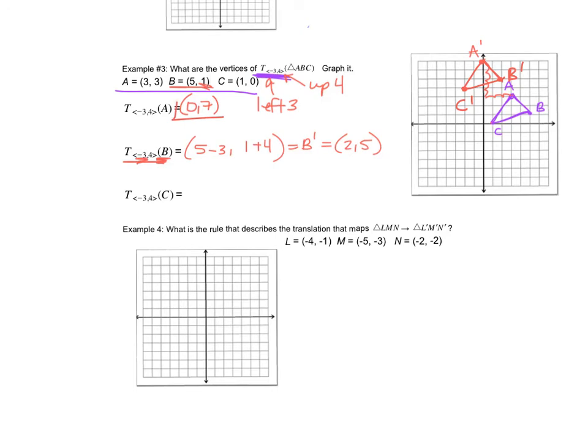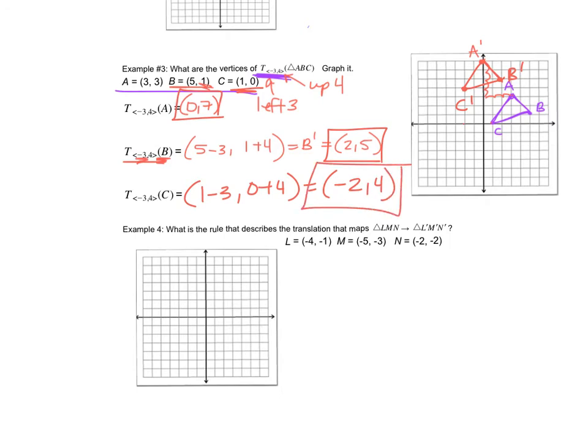So we ended up at 0, 7, 2, 5, and then for point C, again, you can just name that point, negative 2, 4, or you can take point C and do the math. 1 has to subtract 3, and 0 has to add 4, so I end up at negative 2, 4. Okay, totally up to you which one you want to do, but typically you will have to graph it regardless. Okay? Questions on that?